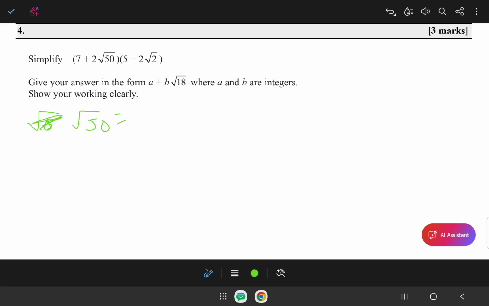We can write that as 10 times 5, but that can't be simplified. 10 times 5 can't be simplified, but 25 times 2 can be.